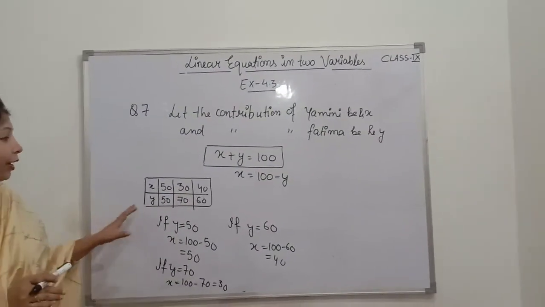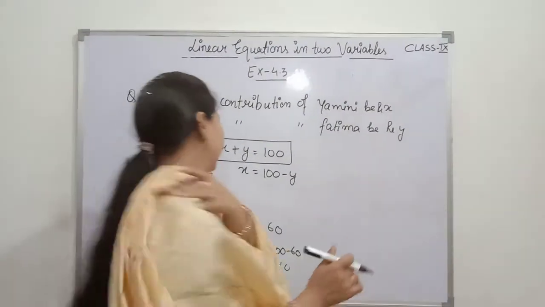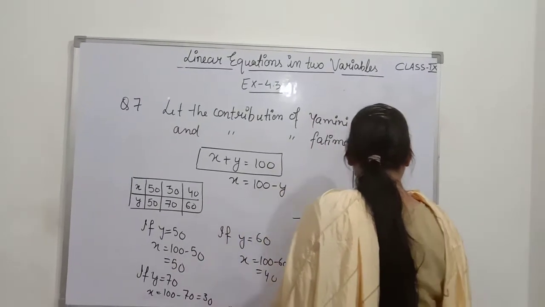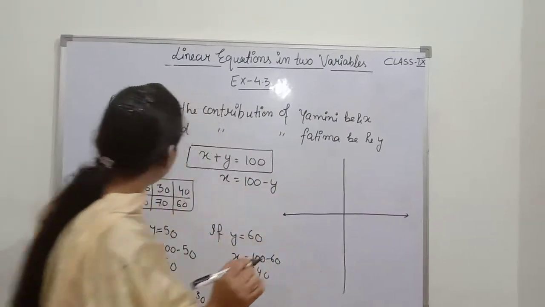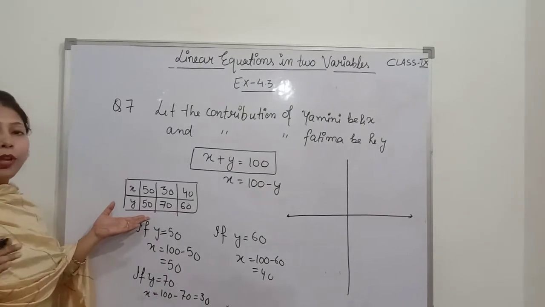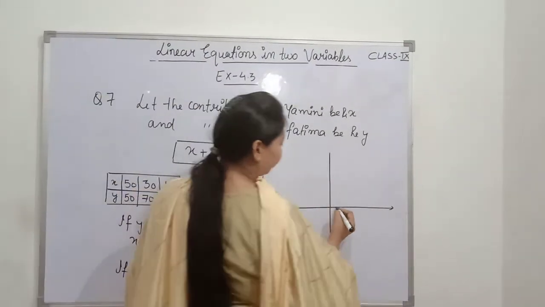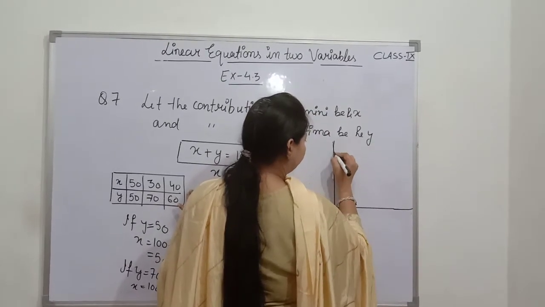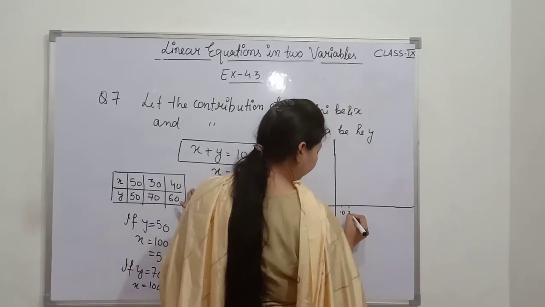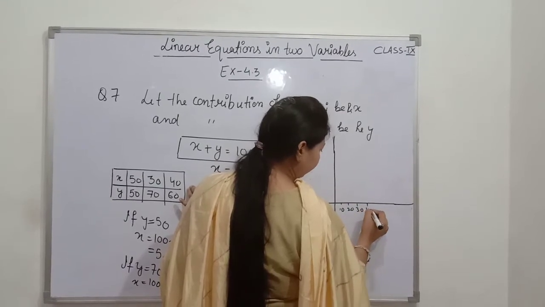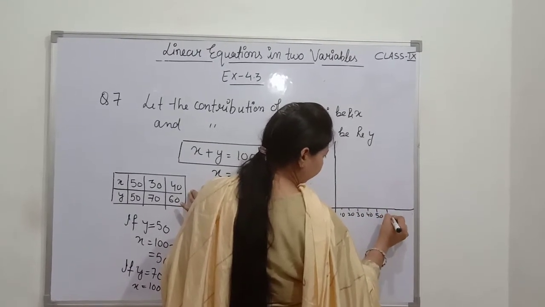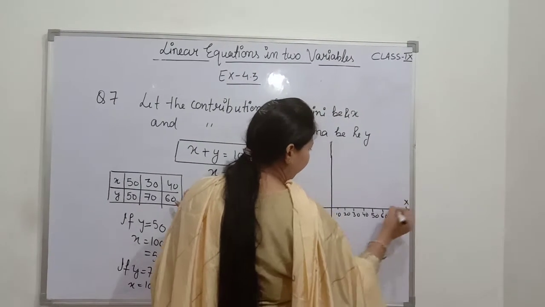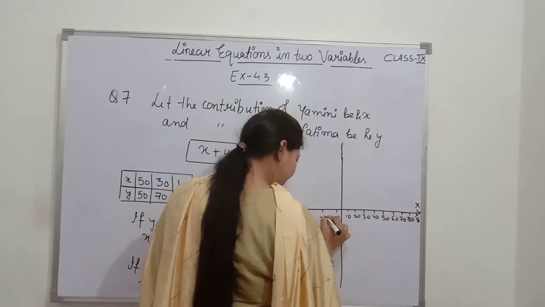Now what we have to do? We have to plot these values on the graph. Now students, here you see that the values are bigger. So we have to take 10, 20 and 30. This is my x-axis, minus 10, minus 20.